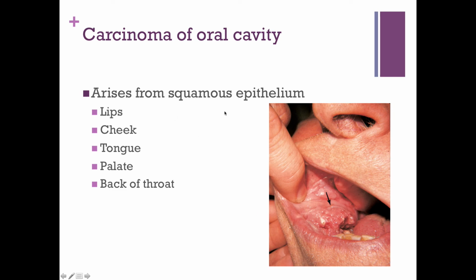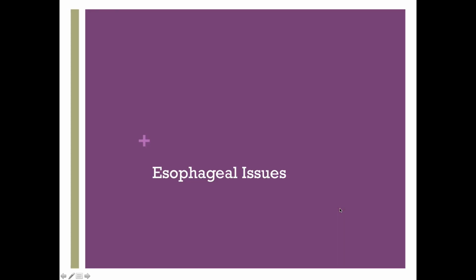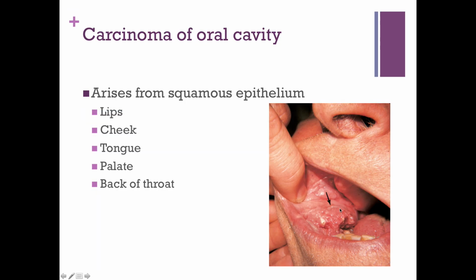So this can happen anywhere in the GI tract, oral cavity, so lips, cheek, tongue, the palate, the back of the throat. So it's just carcinoma of the oral cavity, but people use the term mouth cancer or head and neck cancer. Okay, so that's everything that could go wrong in the oral cavity for now.